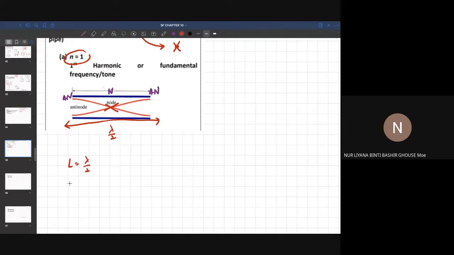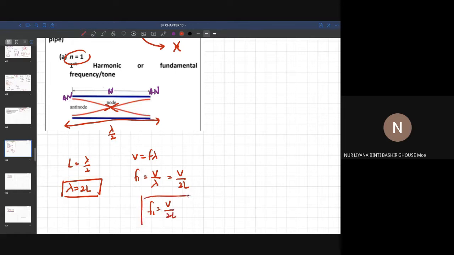So our lambda is going to equals to 2L. So when our lambda equals to 2L, kita ada equation V is equals to F lambda. So frekuensi yang pertama is V over lambda, and sekarang lambda kita adalah 2L. So kita dapat V over 2L. So first frequency is V over 2L.